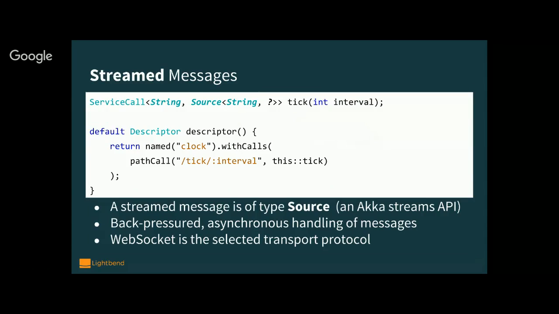Lagom also streams messages with Akka streaming under the covers, and this is an important concept as well. Streaming sometimes gets confused with what its real purpose is, so I'll speak to Akka streaming here. The primary purpose behind Akka streaming is pressure management.